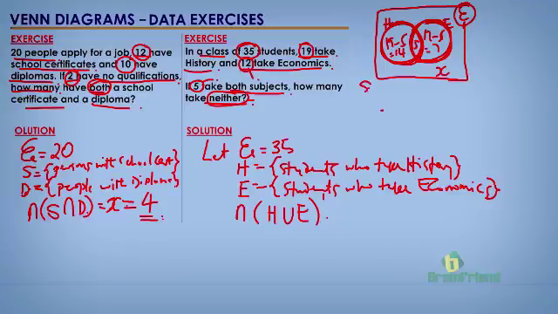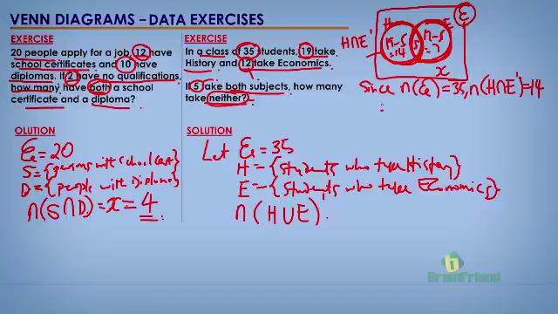To go on, we say since the cardinality of our universal set, that is the total number of students, is 35, the cardinality of H intersection E prime, that is the complement of E, is 14. That is this region here is H intersection E prime.